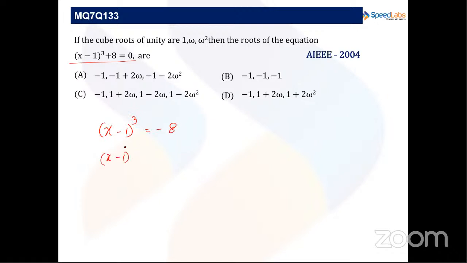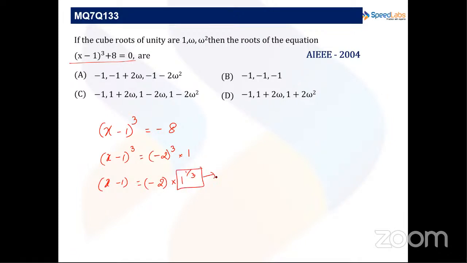We can write it as x minus 1 whole cube equals to minus of 2 cube, or let's say minus 2 and 1 cube. So x minus 1 will be minus 2 into 1 to the power 1 by 3.